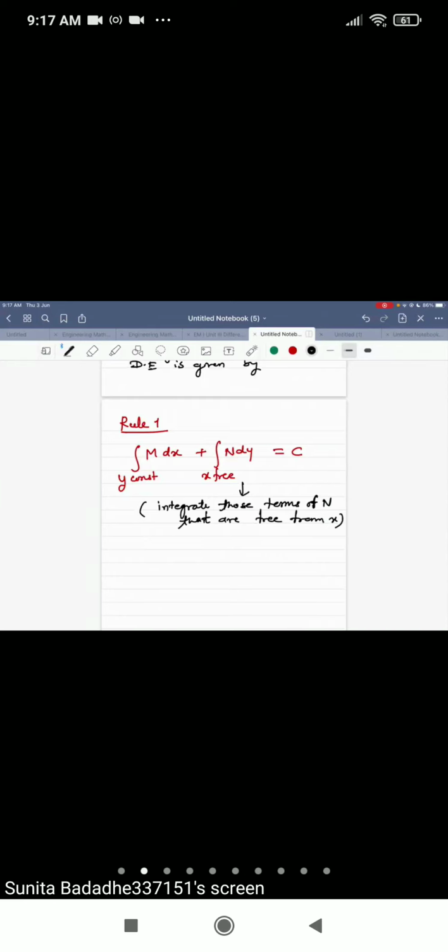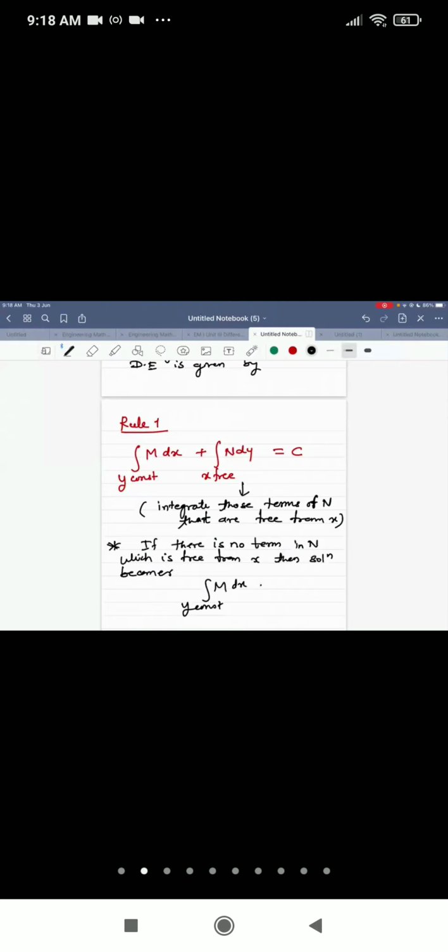This is one rule. Here you just have to remember one more thing. If there is no term in N which is free from x, then the solution becomes integral of M dx treating y as constant equal to c.